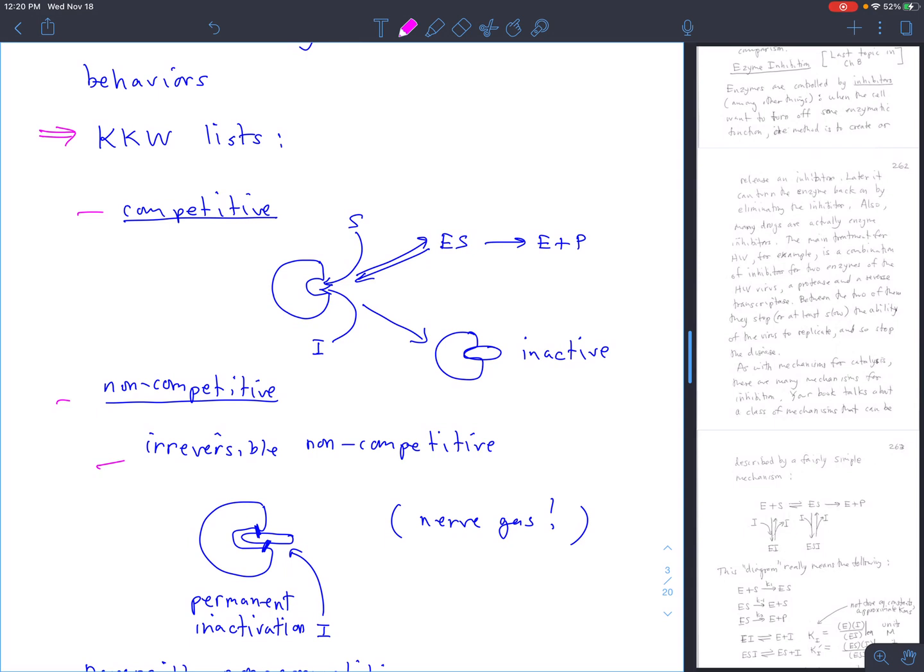And if you go to other articles, you'll find still other ones. I'm not an enzymologist, so I'm not the best expert in this business, but I have not seen a complete and universal list of names for the different possible types of inhibition, and I kind of doubt that there is one.